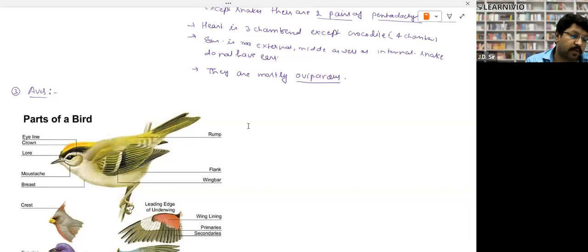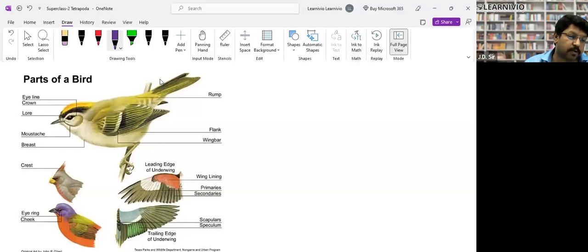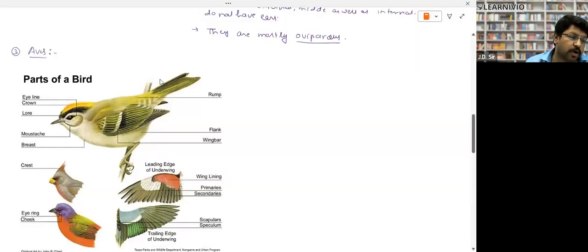So you can see they have the eye line. This is called crown, right? Some birds, like the flightless birds, have the crown. Like you can see in the hen and the cock, they have the crown, right? And this is called lower, this part.